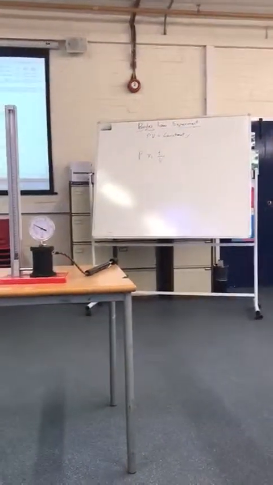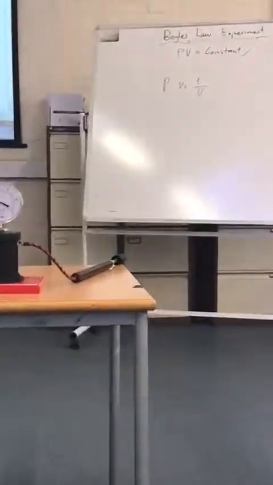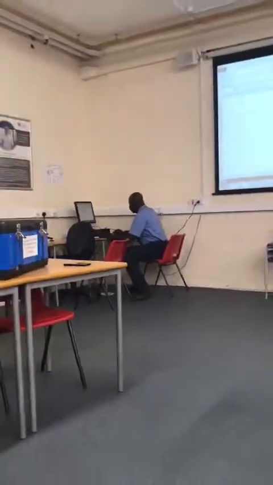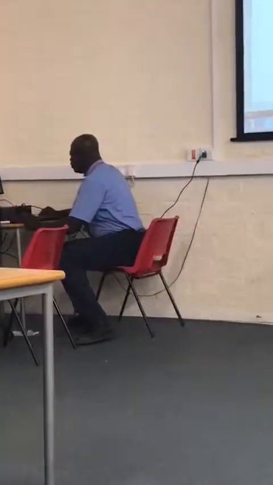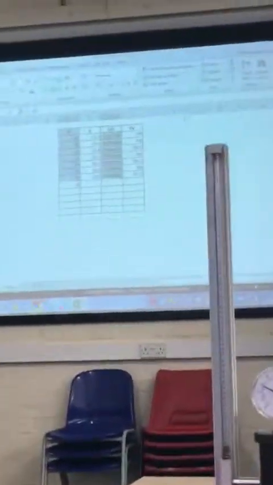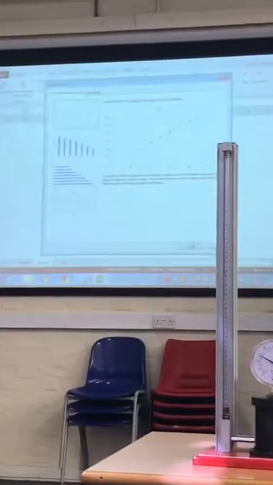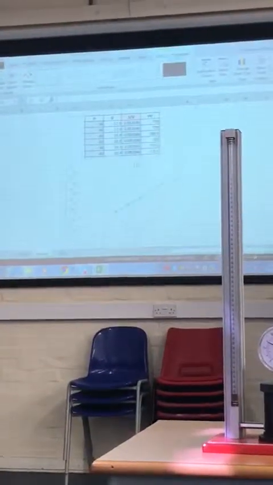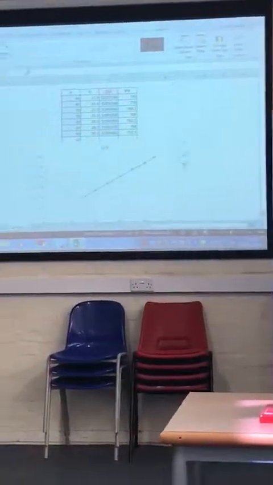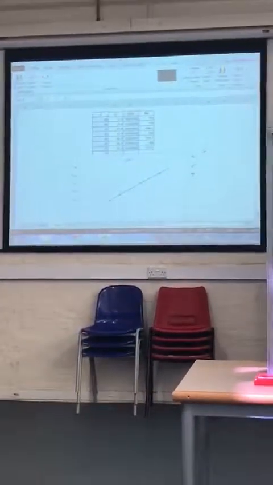Let's draw a graph and see. That graph should give us a linear graph. And you can see that that is a linear graph.